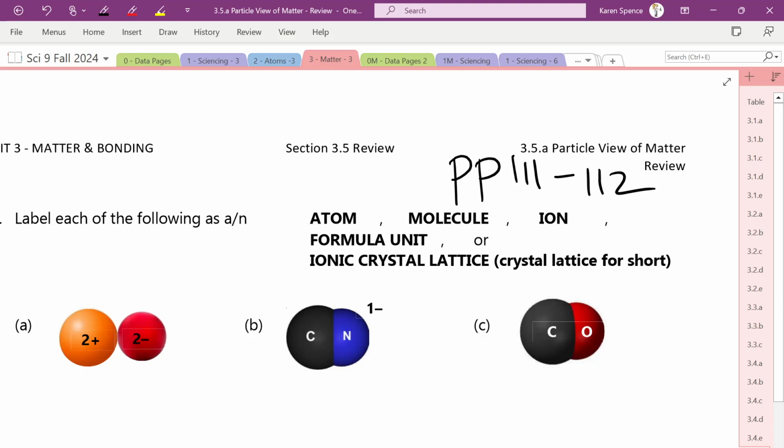If you finish 111 and 112, you can do the stuff on 113 as well, which is just some extra labeling.